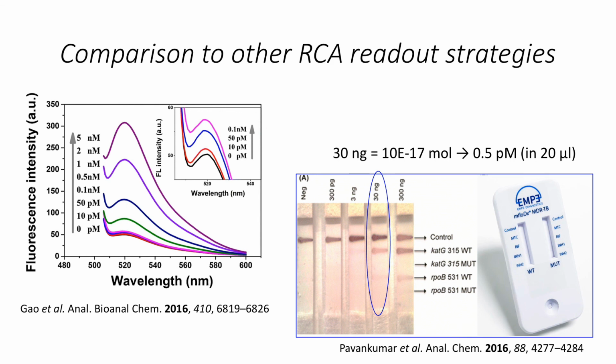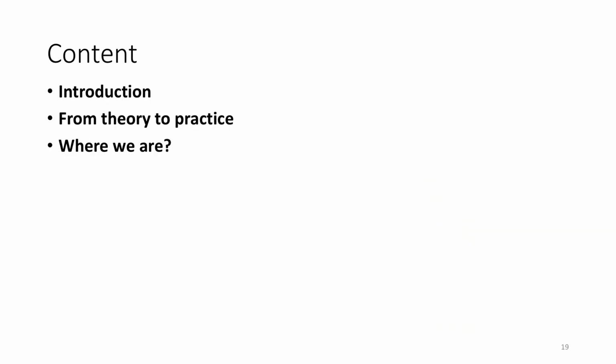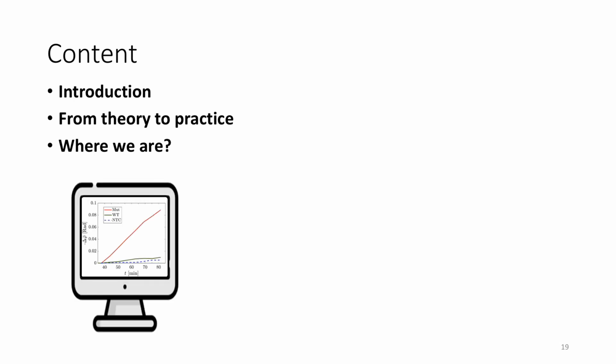So, where are we? We have developed the biosensor to detect mutation in tuberculosis DNA responsible for the antibiotic resistance, and this is all in an integrated setup within about 1.5 hours.